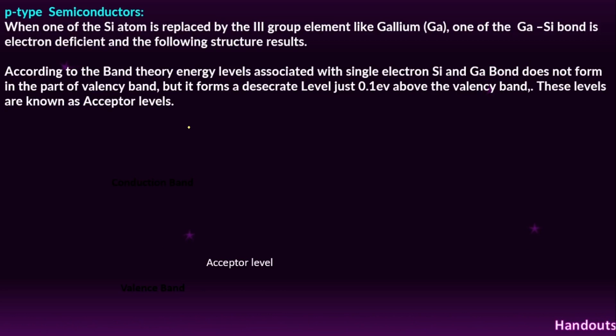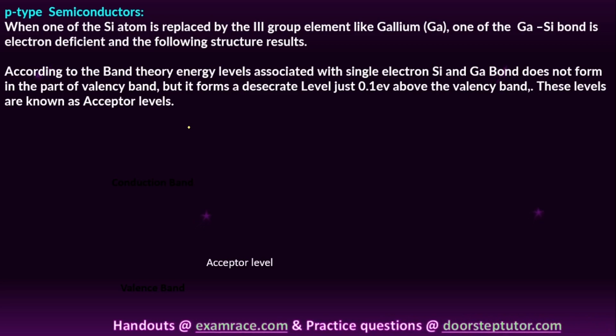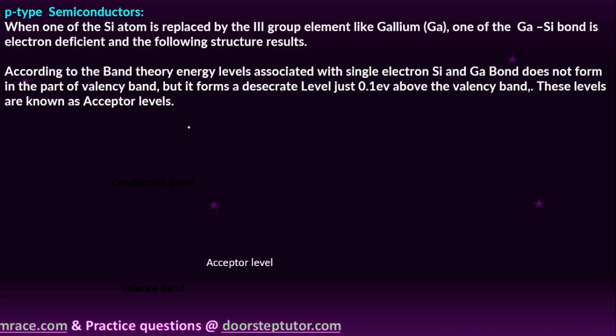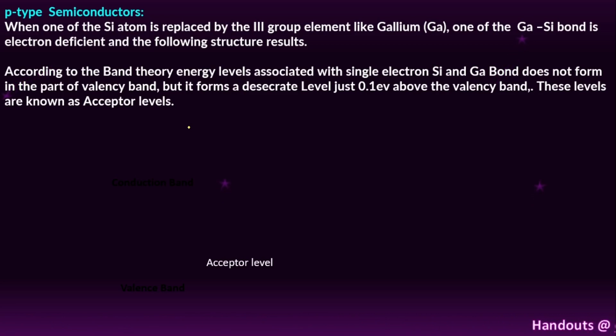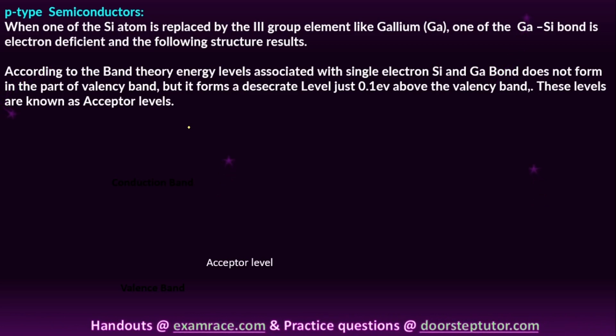According to the band theory, the energy levels associated with a single-electron silicon and gallium bond do not form part of the valency band, but form a discrete level just 0.1 electron volt above the valency band. So these levels are known as acceptor levels. In the n-type semiconductor we call them donor levels. These we call acceptor levels.